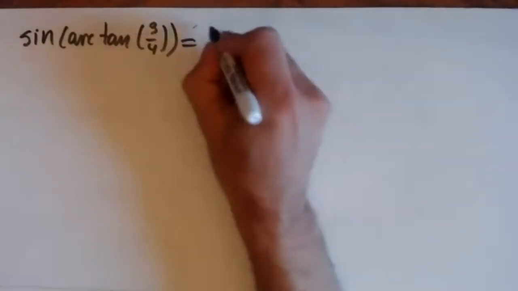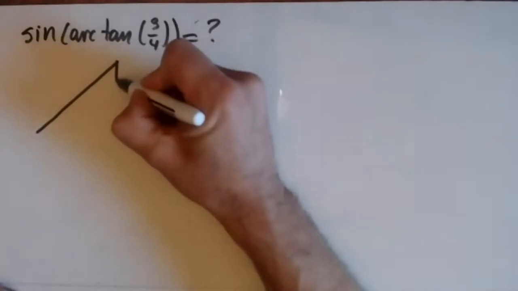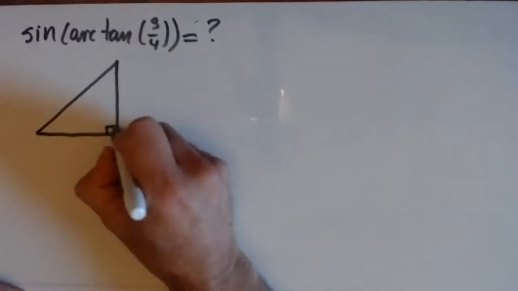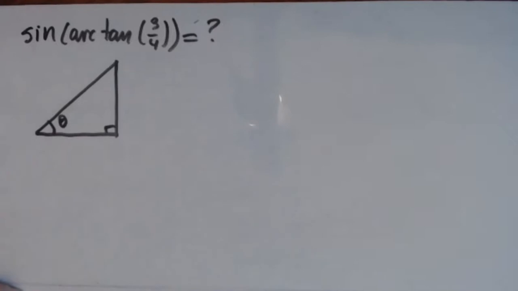Okay, this is what we have to find. What is the value of this composition? Well, step number one, you are going to draw a right triangle. Then, as in the triangle I showed you, you are going to identify theta, correct?